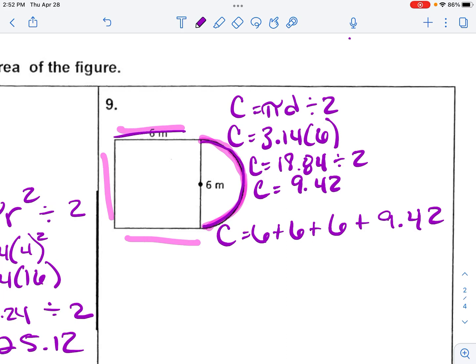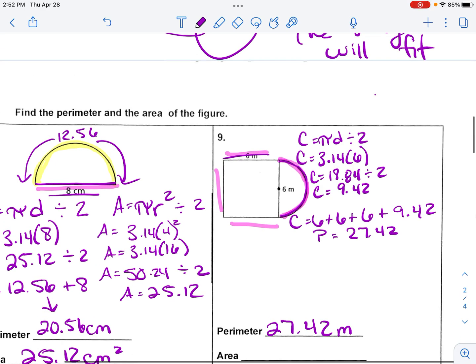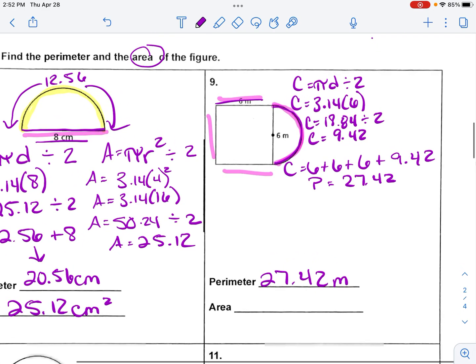So 6 plus 6 plus 9.42. We have the circumference or perimeter is 27.42 meters.